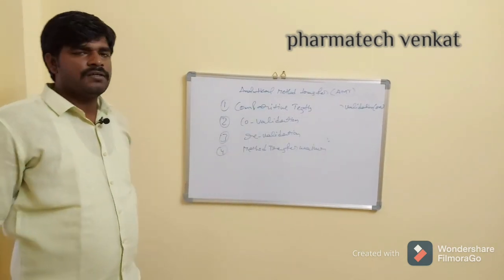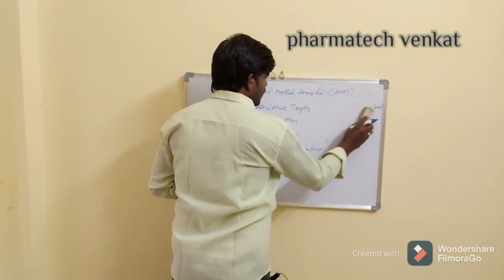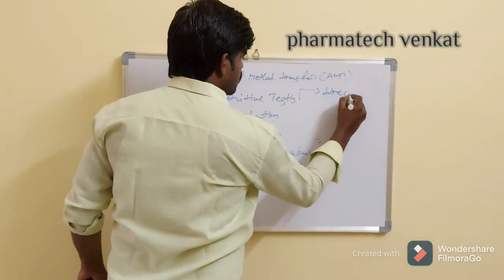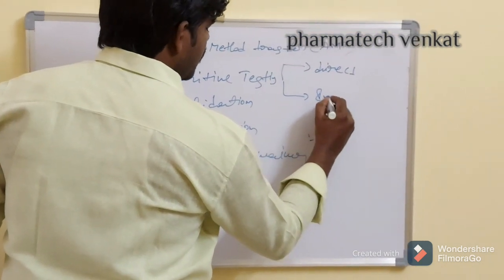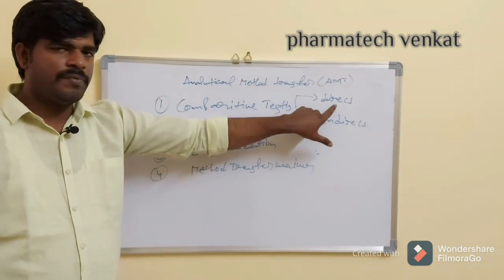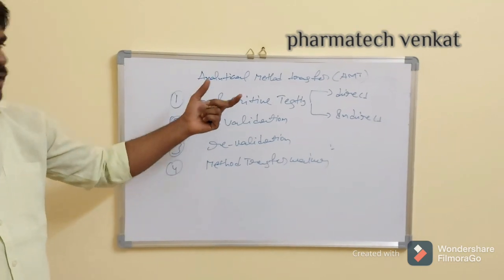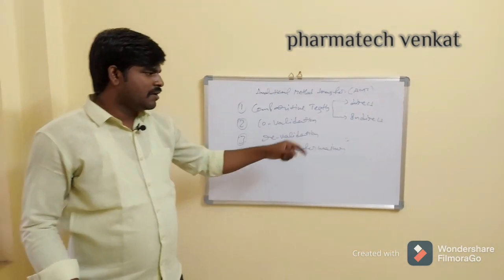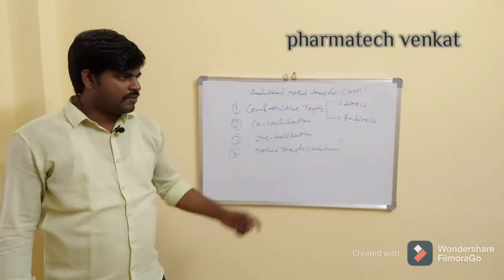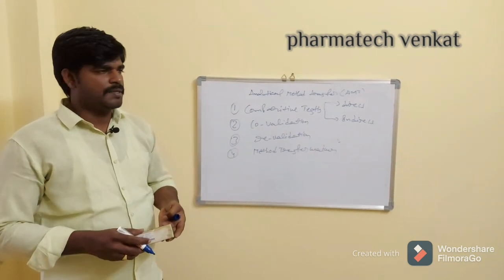Comparative testing also comes under another two types of transfer activities. One is direct transfer and the second one is indirect transfer. In direct transfer, the transferring unit lab scientist or particular trained persons will come to the receiving lab. They will demonstrate the method, and what precautions we need to take during the sample preparation or during the method execution.